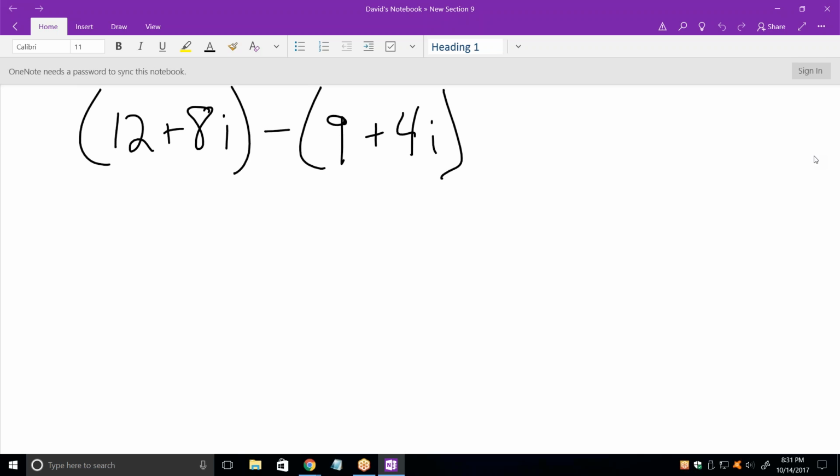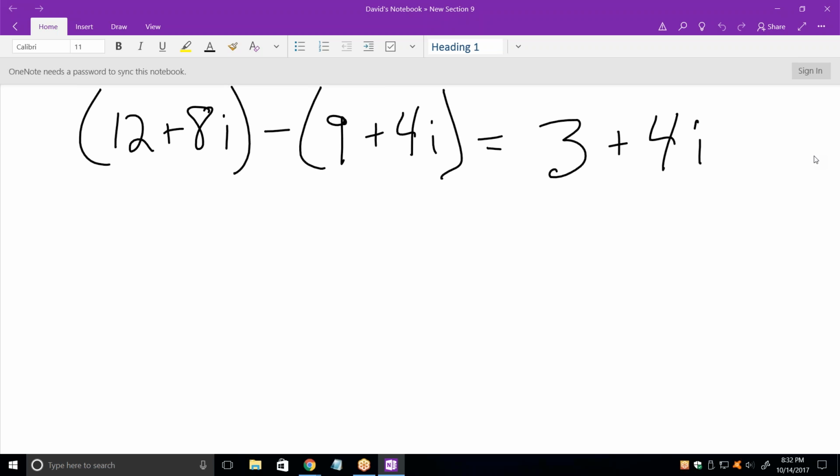Now, you don't need to worry necessarily about removing the parentheses like you typically would. All you need to do is subtract the real parts and subtract the imaginary parts. What do you get? So we'd get 3 plus 4i.